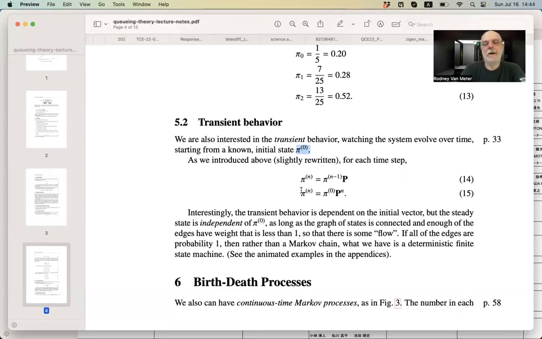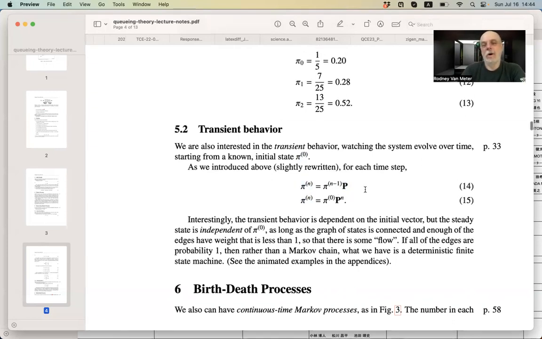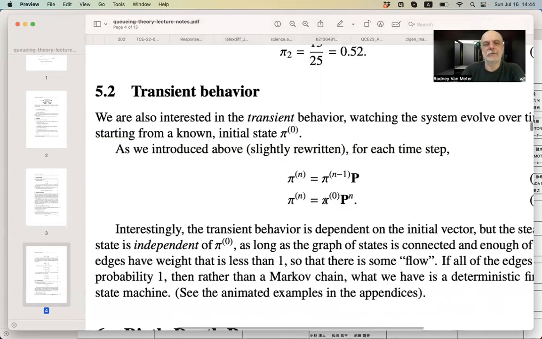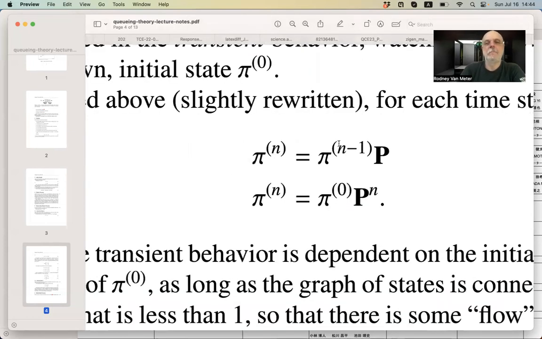And just like we had above, pi of n will be pi of n minus 1 times P. Or if you recursively do this, you'll find that pi of n equals pi of 0 times P to the n.